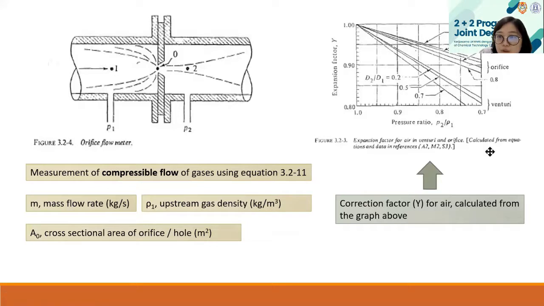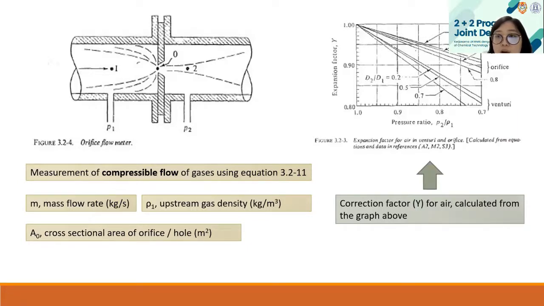For the orifice, we have 4 lines: dO over d1 of 0.1 is the top line, the second line is for 0.5, the third line here is for 0.7, and the lowest part here is for 0.8.